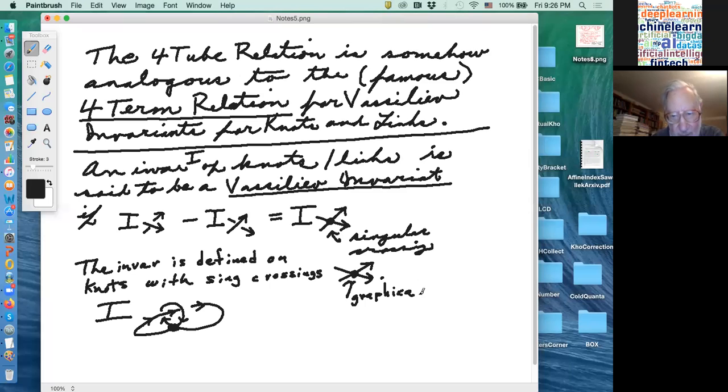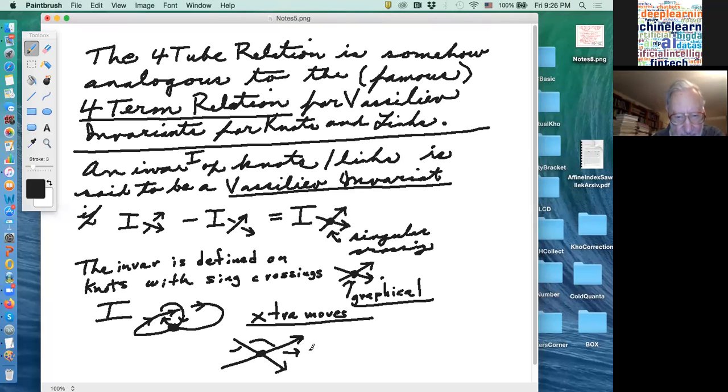And the best way to tell you what I mean by a singular crossing is probably to tell you the extra moves. Well, one extra move of importance is that if you were going under and under like that, then this would be equivalent to going here like that. Something you're not allowed to do in virtual knot theory.